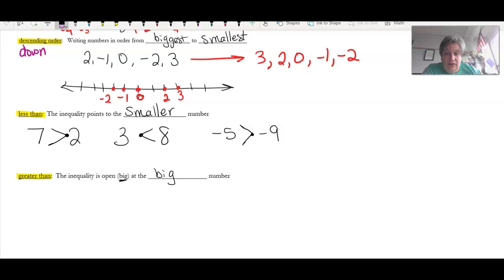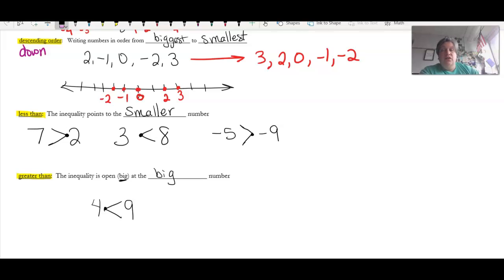It has to be bigger at the bigger number. So let's see, 4 and 9, it's open at the bigger one. And look what happens. It points to the small one. So you don't really have a new rule to learn. All you have to think is, okay, I got to point to the small number. And whenever I point to the small number, it makes it open at the big number.